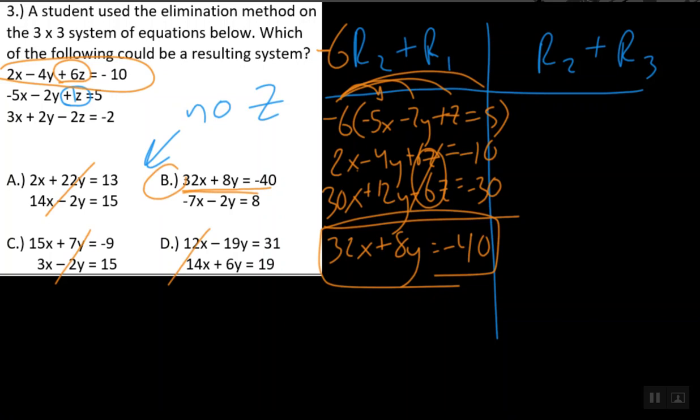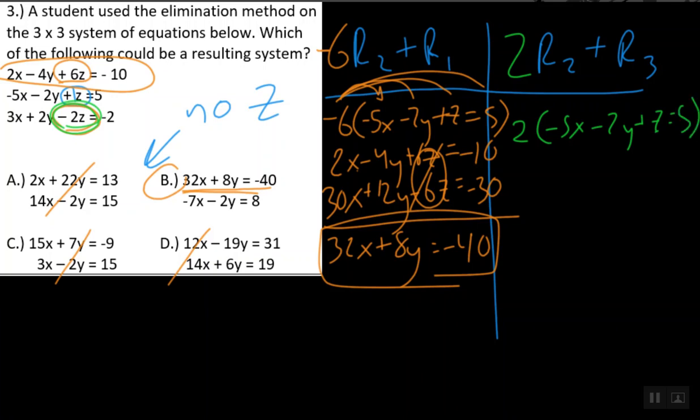But to give ourselves just a little bit more practice, let's ask ourselves, what would it take to cancel out the z value in row 3? So we're asking, what is the opposite of negative 2z? Well, it would be positive 2z. So here, what I can do is multiply positive 2 times row 2, which will be negative 5x minus 2y plus z is equal to 5.